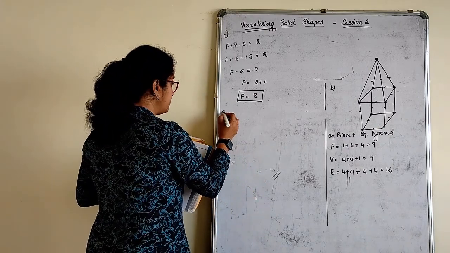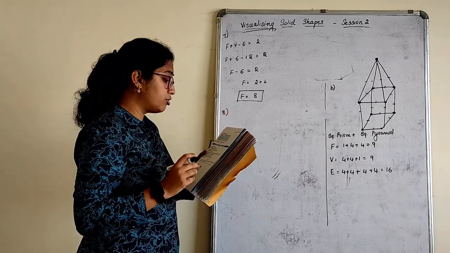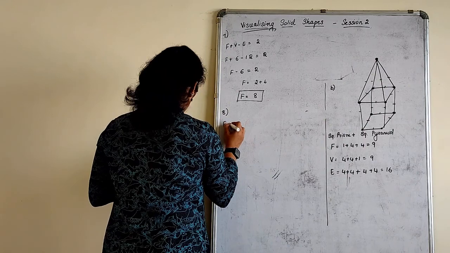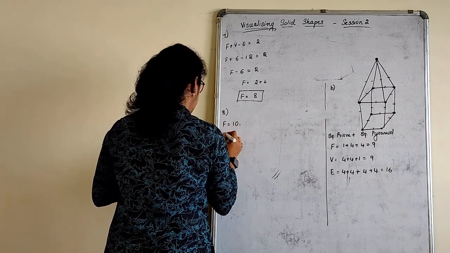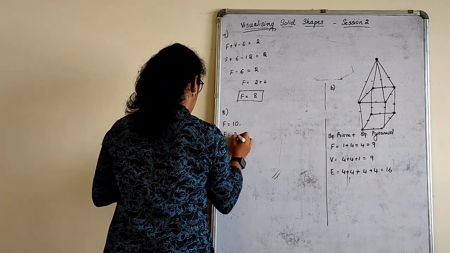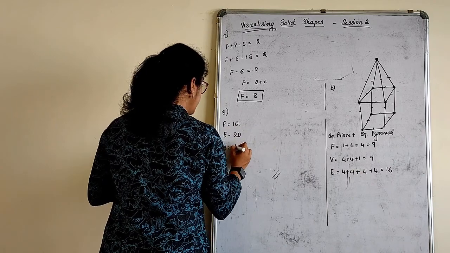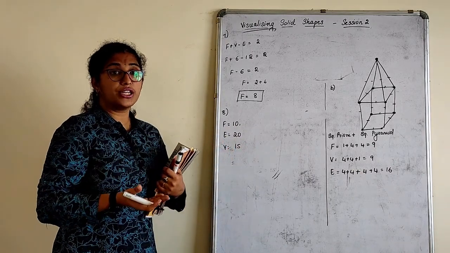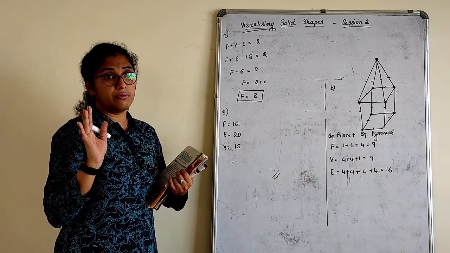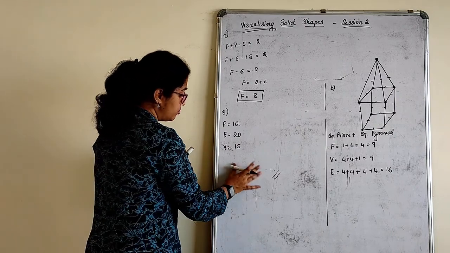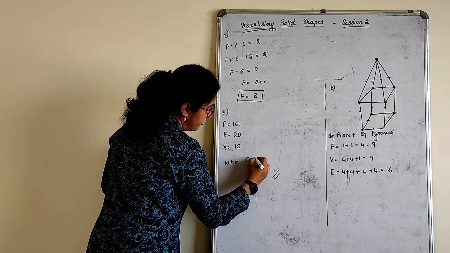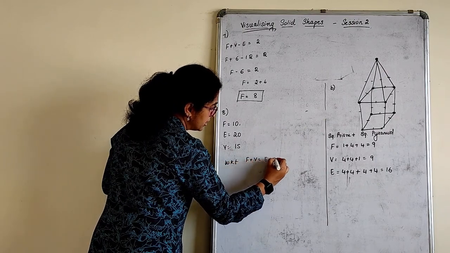And the last one. Can a polyhedron have 10 faces? We need to check, children. So they have given us faces 10, edges 20, vertices 15. Can a polyhedron have this? Let us just check. How to check? It should satisfy Euler's formula. Otherwise, no. So we know that F plus V is equal to E plus 2.